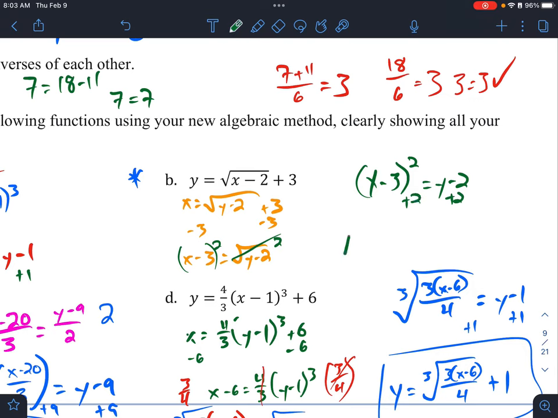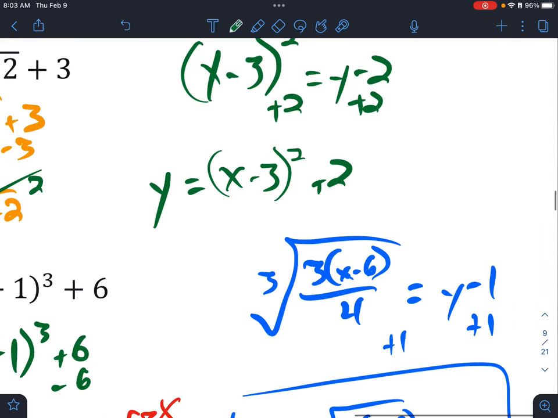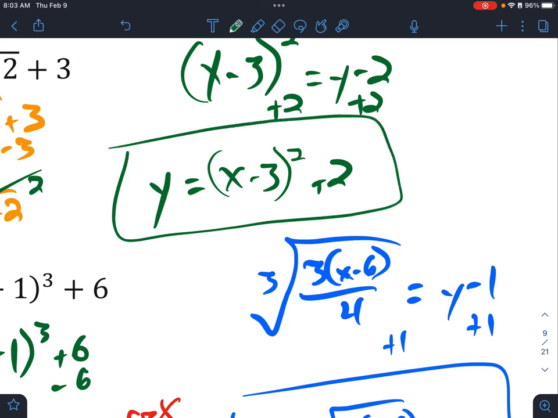Add 2, and I get y equals x minus 3 squared plus 2. Now, like I said, this one does have a restriction though because of parts of it not being a function. So here my domain has to be x is greater than or equal to 3. And we'll talk about that when I get back.